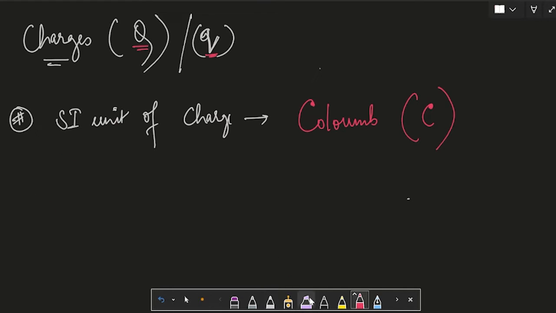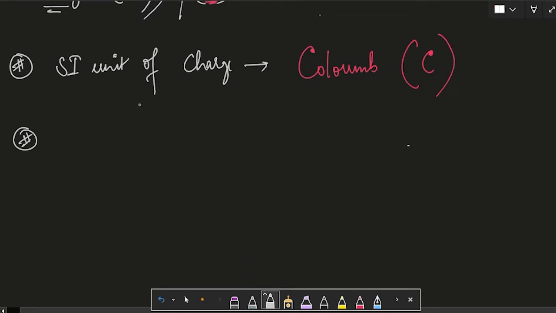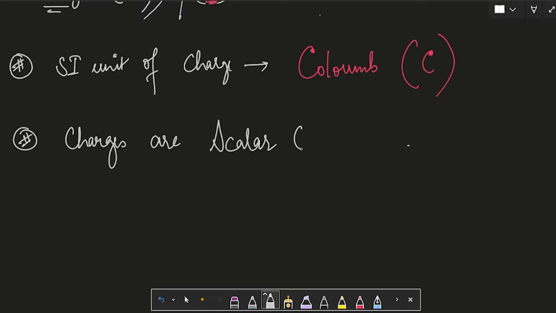Now, the next step here is to understand whether charges are scalar or vector quantities. I am sure you are familiar with what is scalar and vector. So fundamentally, charges are scalar quantities. That means that this has only magnitude, and it does not have direction.